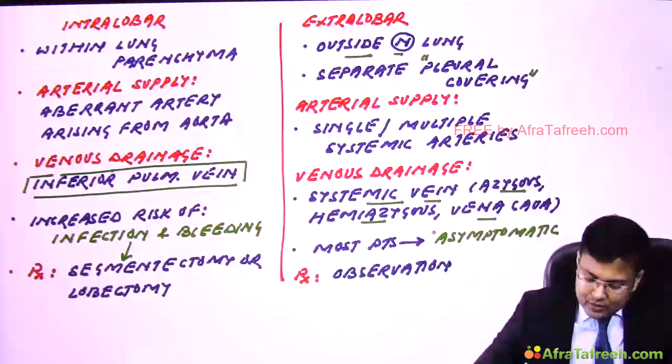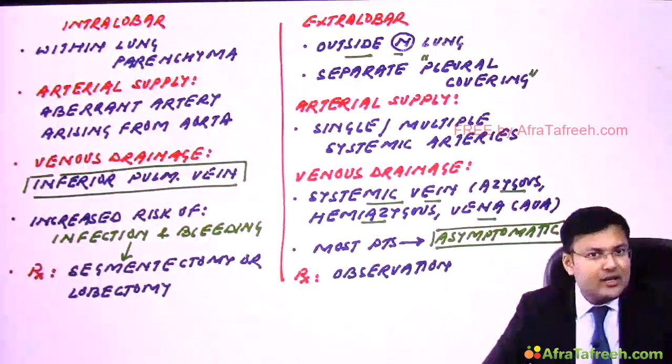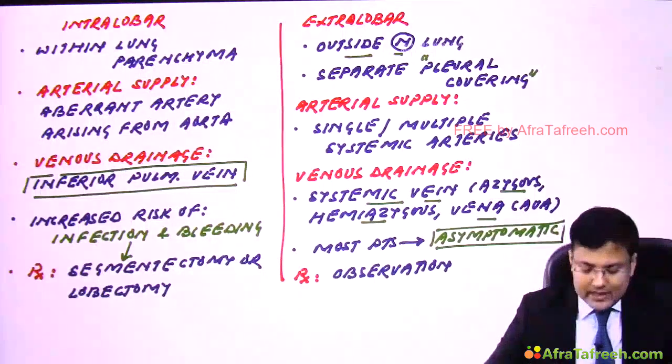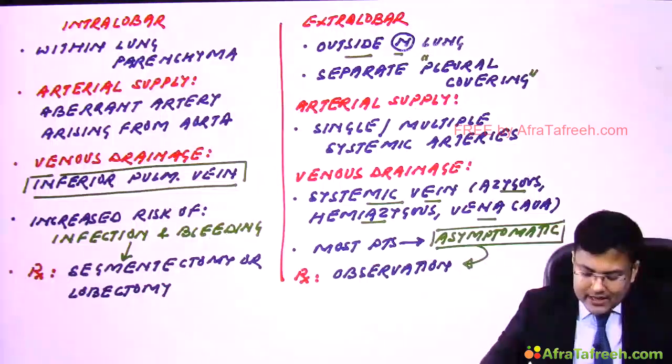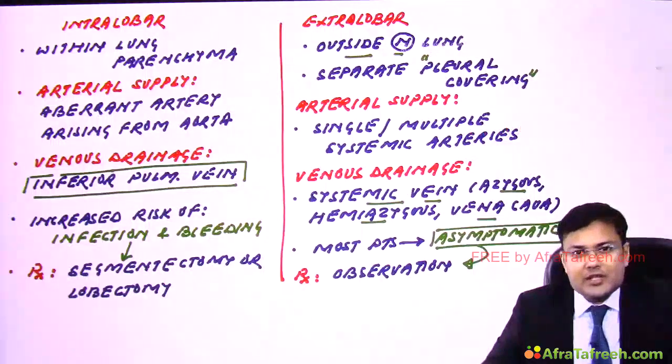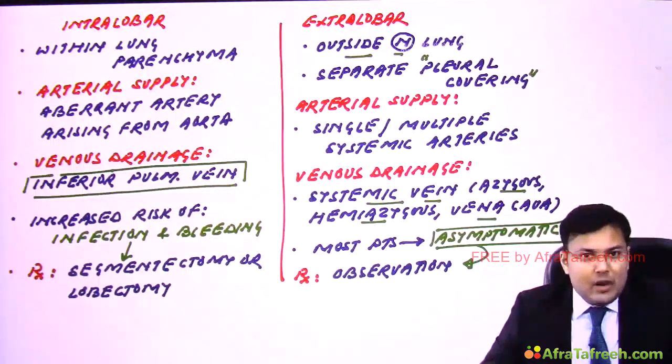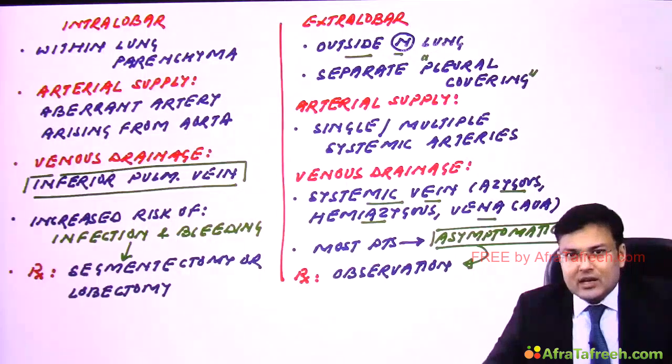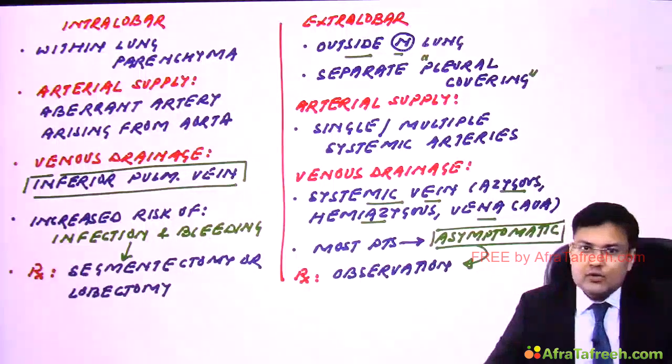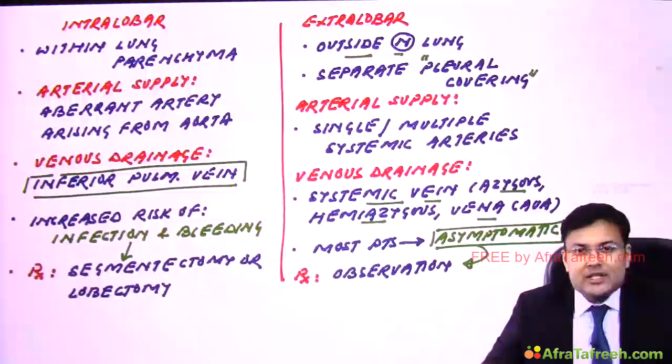Most of the patients who are having extralobar pulmonary sequestration are asymptomatic, and that's why what's the management here? Only observation is required. But in patients of intralobar pulmonary sequestration we go for segmentectomy or lobectomy. Why? Because these patients are prone to develop infection and bleeding.